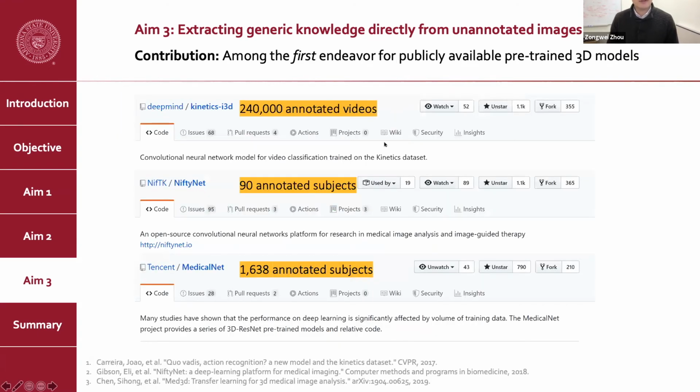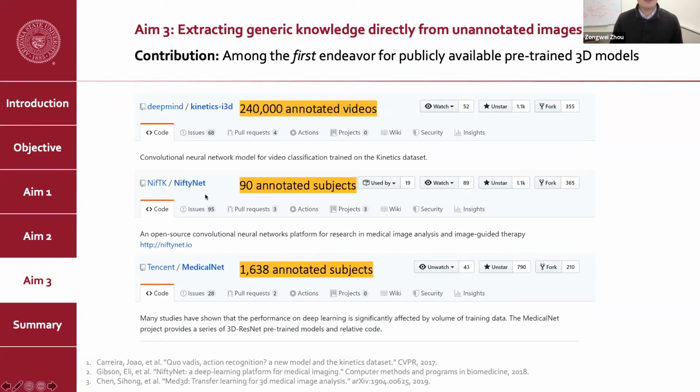These are the existing pre-trained models before us. As you can see, they all need a huge amount of annotated subjects or even videos. The first one is released by Google DeepMind. It was pre-trained on natural images with more than 240,000 annotated videos. The second one, called NiftyNet, is from the medical image domain.